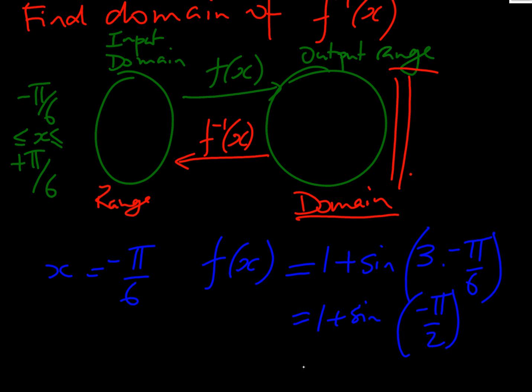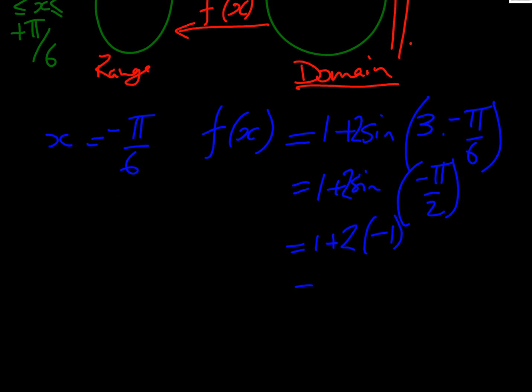I missed my 2s out again here. The sine of minus pi over 2 is going to be minus 1, isn't it? Therefore our value here is going to be minus 1.